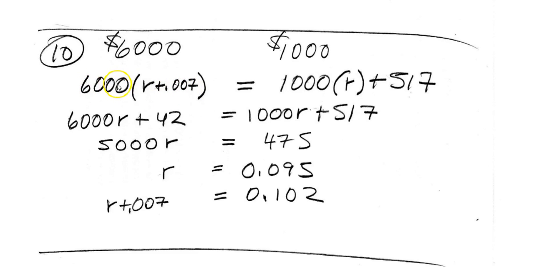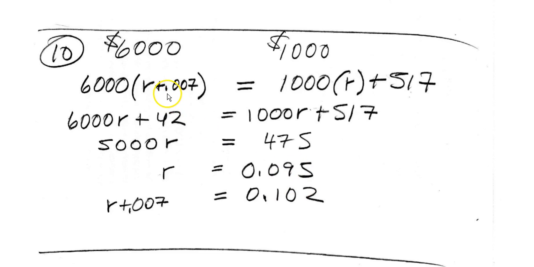So this principal times that rate equals this principal times that rate. But this one we said exceeded this one by $517. So to keep it in equation, we had to put that 517 on this side, and then the rest is just multiplying through. Eventually we found that this rate was this.